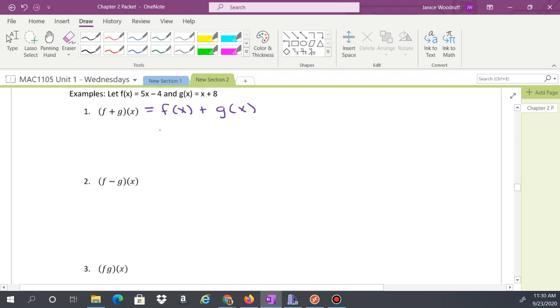So if f of x is 5x minus 4 and g of x is x plus 8, I'm just adding these together, combining like terms. 5x plus x would give me a 6x. Negative 4 plus 8 would give me a positive 4. So combining the two functions, I just have 6x plus 4.